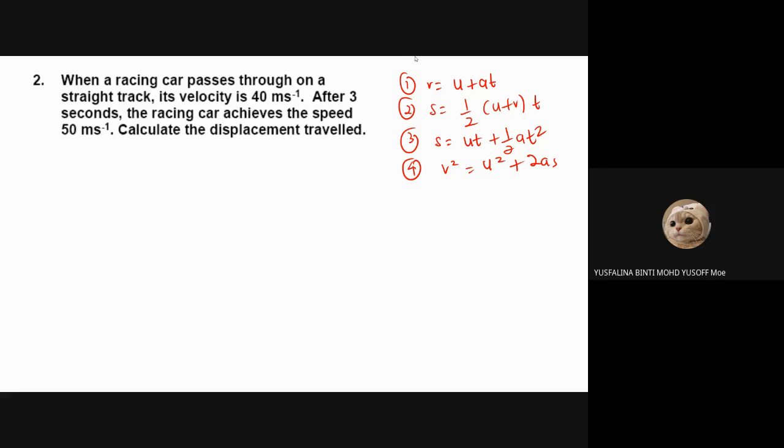Initial is 40, so u is 40. Then how about v, the final velocity? After 3 seconds, it achieves speed 50 meter per second. So what is the last velocity here?